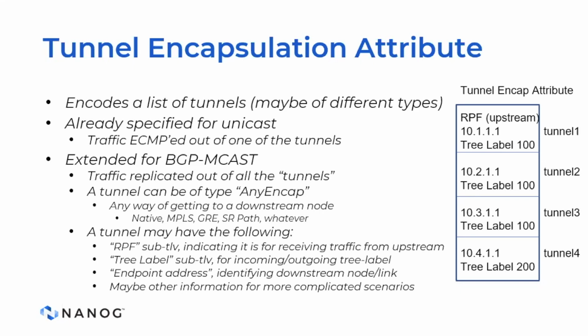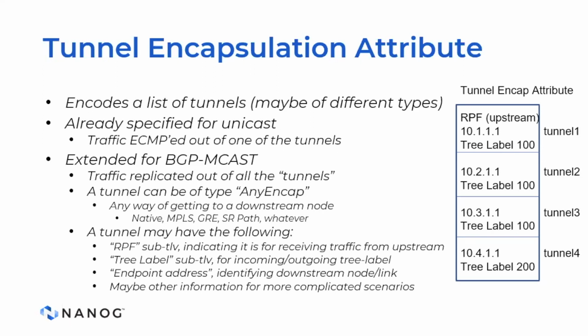And in some other more complicated scenarios, you could have more sub-TLVs specify more information. We have a simple example here. The TEA has 4 tunnels. The first one has an RPF sub-TLV indicating that this is to specify upstream information for incoming traffic.